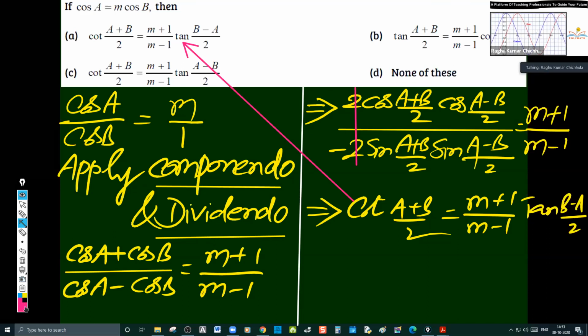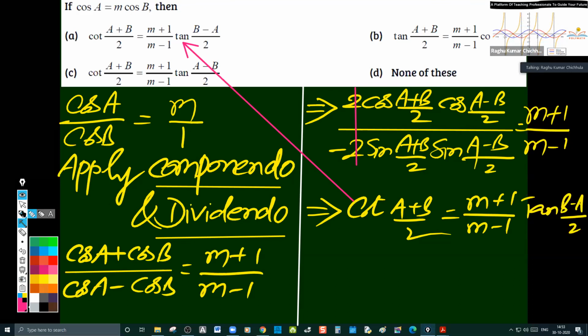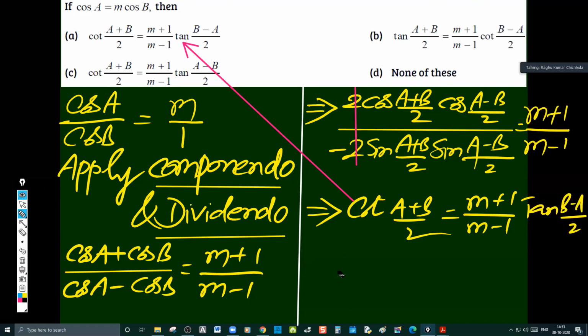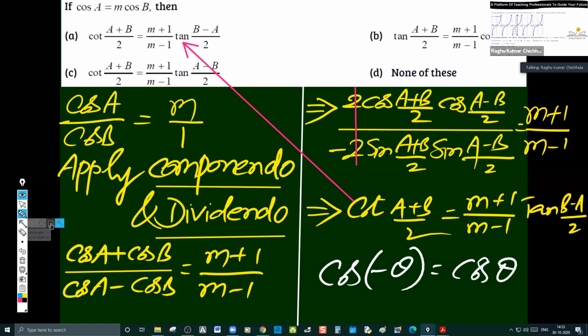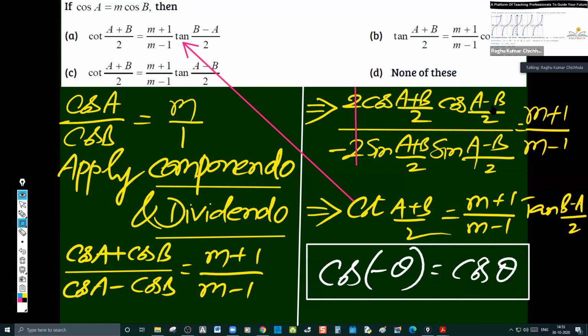Sine of B minus A by 2 is okay, because by sending this minus, it becomes sine of B minus A by 2. But we have converted this as cos of B minus A by 2. Can we do that? Is it possible to write that? Yes, it is, because cos of minus theta is cos theta. No one of you responded. Even if you take minus common also, that makes no difference in case of cos. That is why we write it as cos of B minus A by 2.